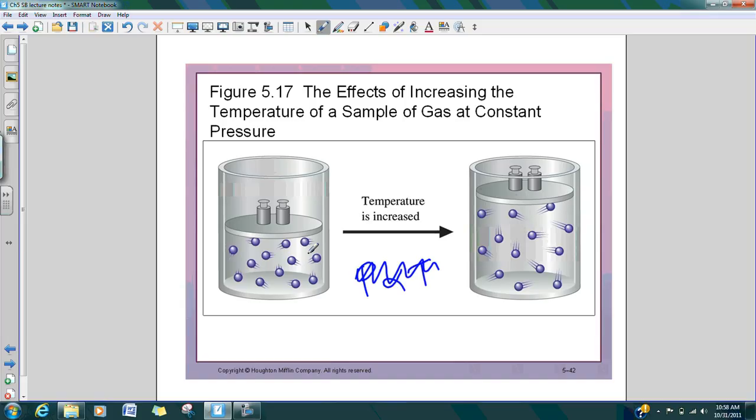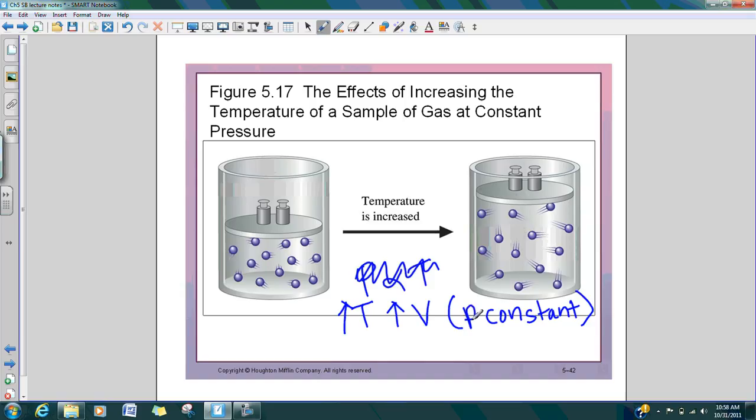So now we have Charles' law. Charles' law says that if I increase the temperature, I also have to increase the volume. Well, that's if I want to hold pressure constant. That should make sense to you. If I want to hold pressure constant, I have these molecules that are creating collisions.